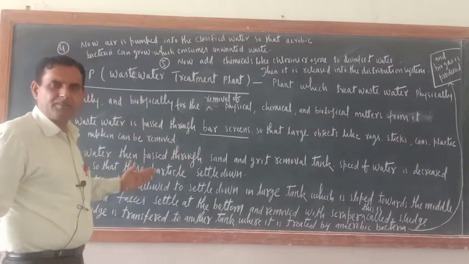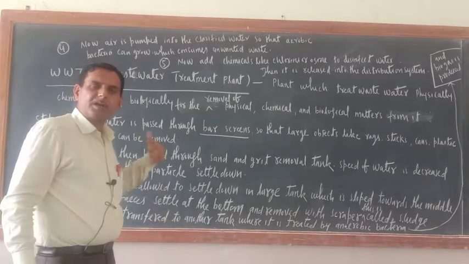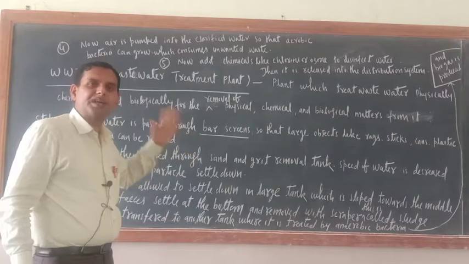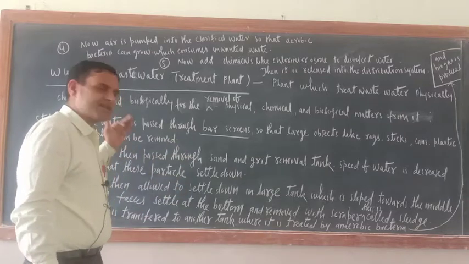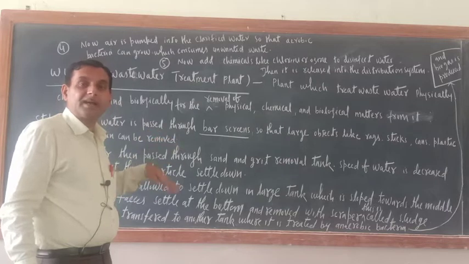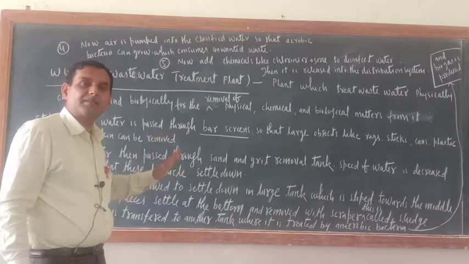So once again I am telling you the entire steps. In the first step, wastewater should pass through a bar screen, so that the big impurities can be removed. Second step, water is passed through the sand and grit removal tank, and the speed should be slowed down so that these impurities settle at the bottom.